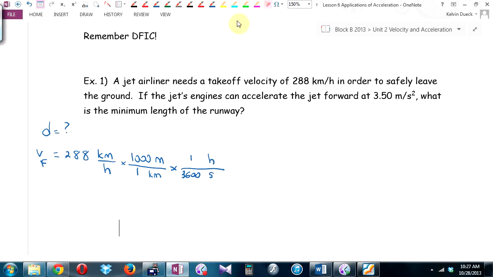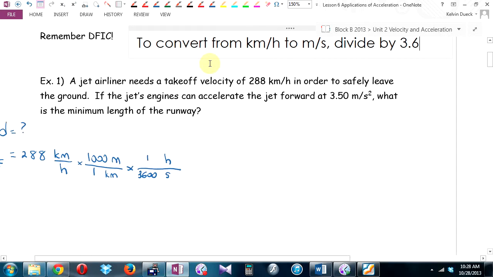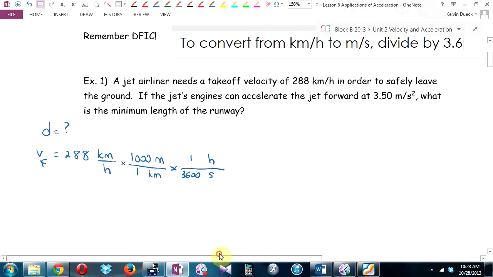To convert from kilometers per hour to meters per second, divide by 3.6. Can you see where the 3.6 came from? The fact that there's a 1,000 on the top and a 3,600 on the bottom is the same as having a single 3.6 on the bottom. Divide by 3.6. You can memorize that if you want to. It's the shortcut.